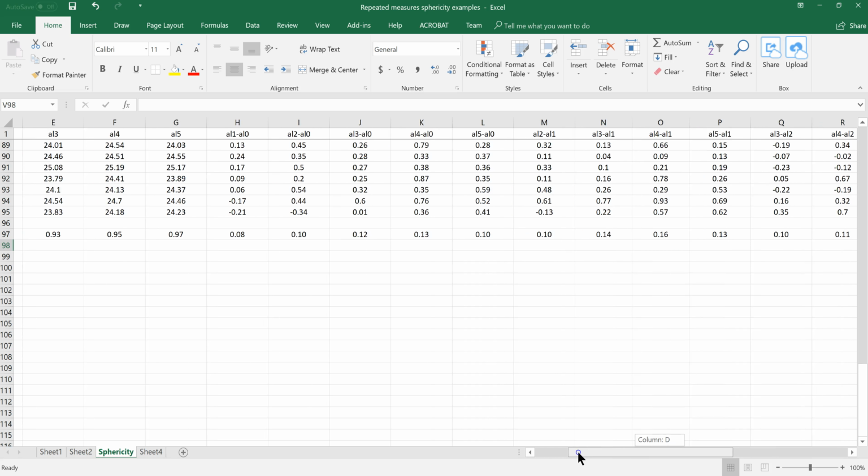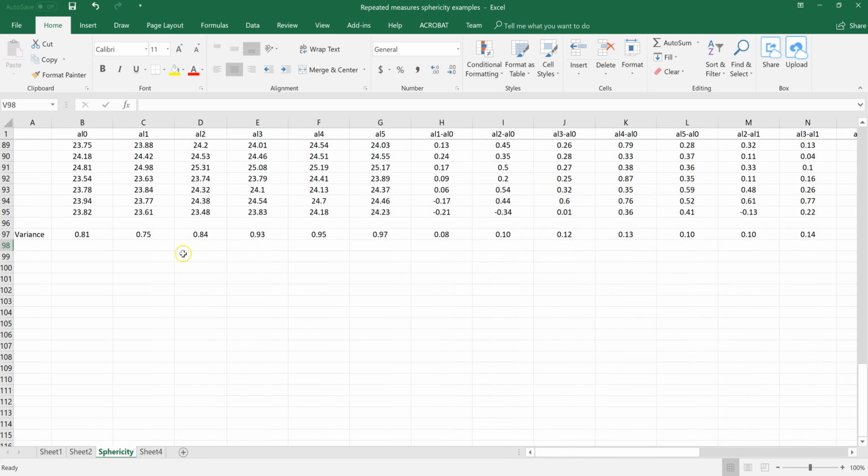And to the extent that they're not, or the extent that they're correlated, really, it's not that they're not equal. The extent that they are smaller, basically, than the variance means that we need to adjust. We don't have independence, but the assumption of sphericity is that they are all equal, and those are pretty close.